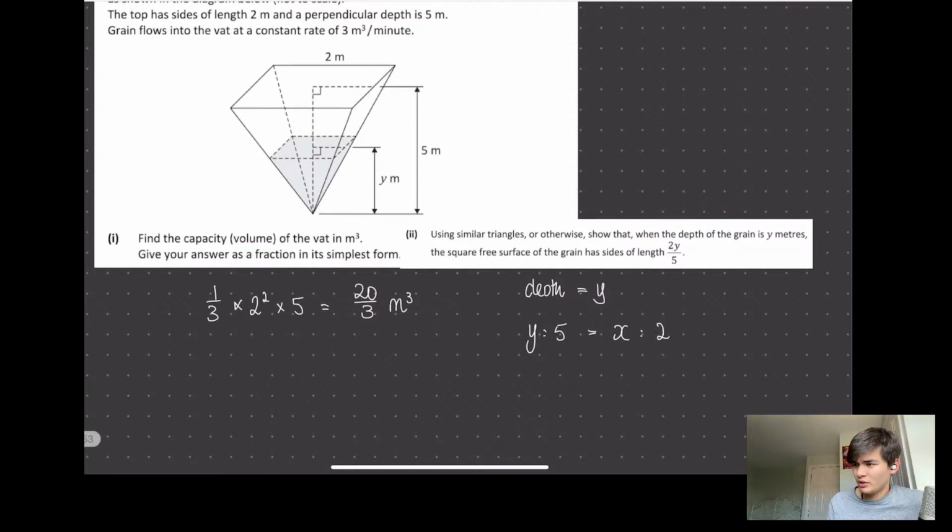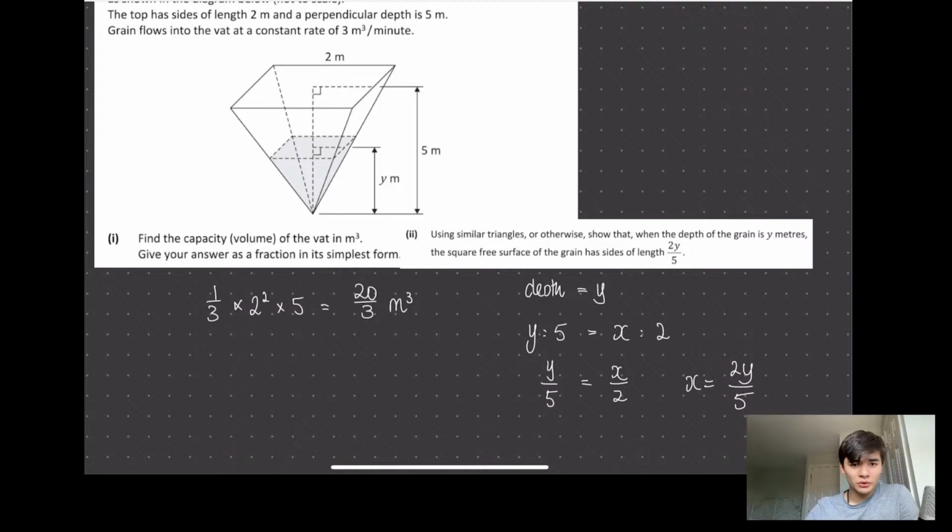I think that's a bit easier to understand with the similar shapes. Written in fraction form it is like that. Just use those scale factors in there.